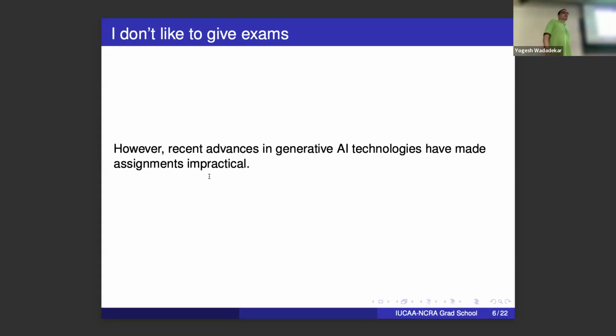Even if they don't give you the full answer, they give you so many hints in the right direction that a reasonably smart person can, in 5 or 10 minutes, figure out even the most difficult question. So let's not go that way. There are big discussions going on at NCRA and presumably at IUCAA also about what should be allowed and what should not be allowed. But right now, by doing a classroom exam, we are avoiding that controversy for the moment.